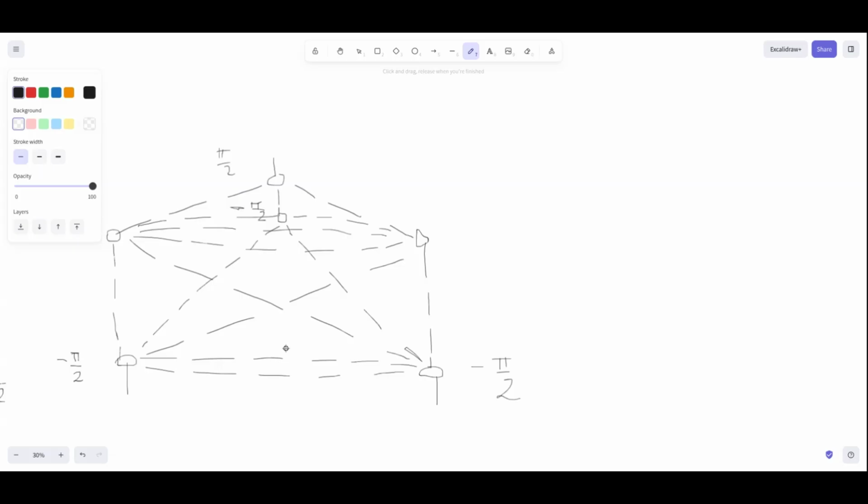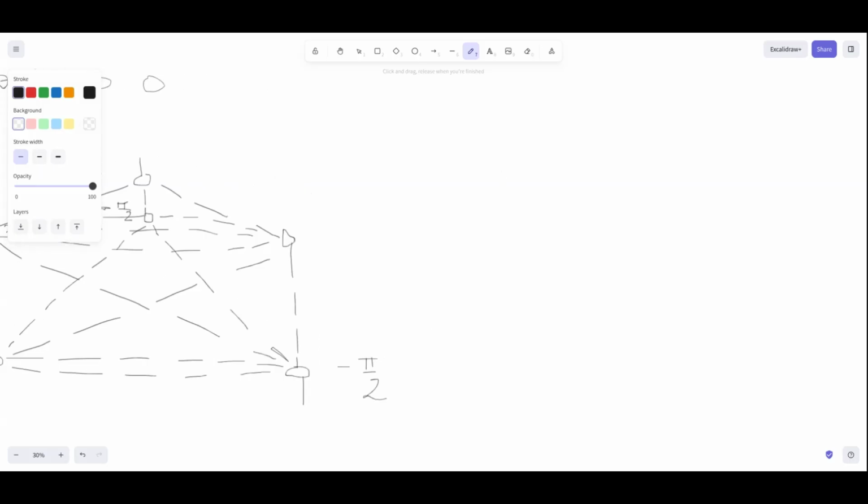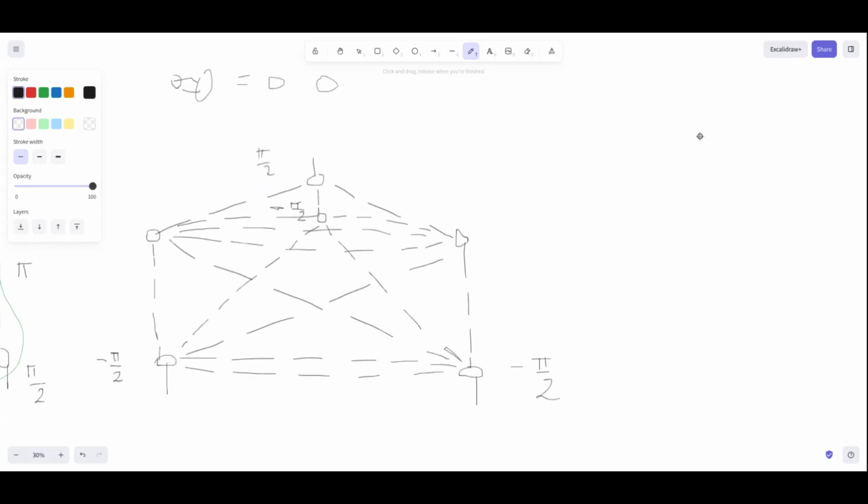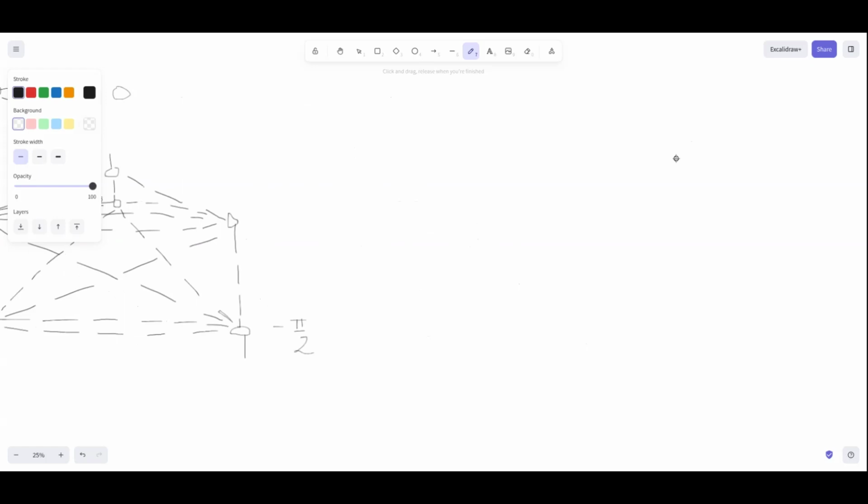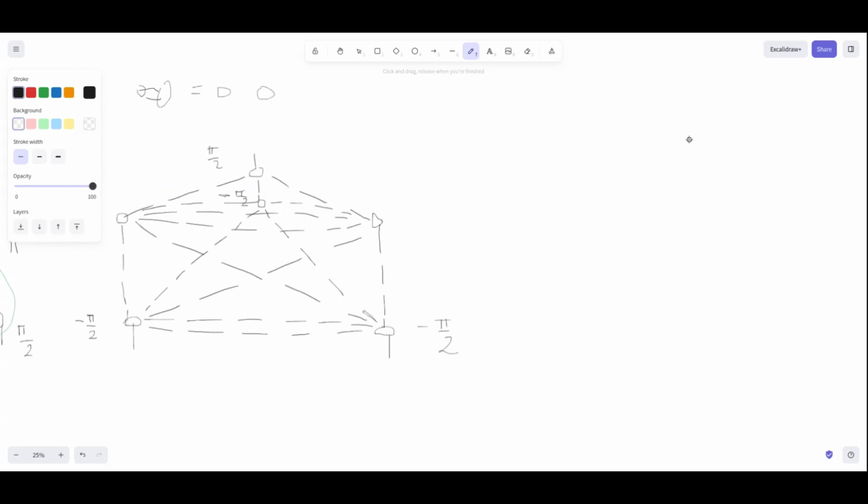Which is like the fact that this is equal to this. If you have two balls connected, two links you can remove. Okay.